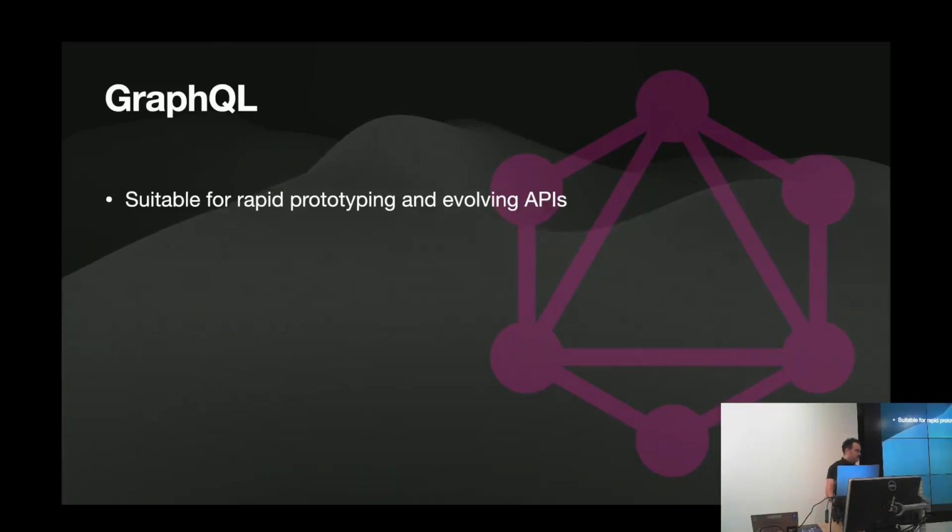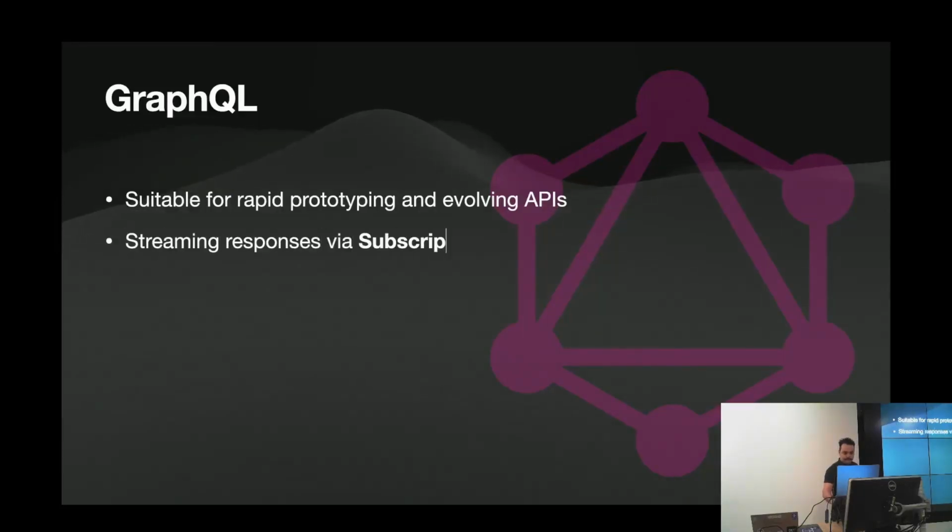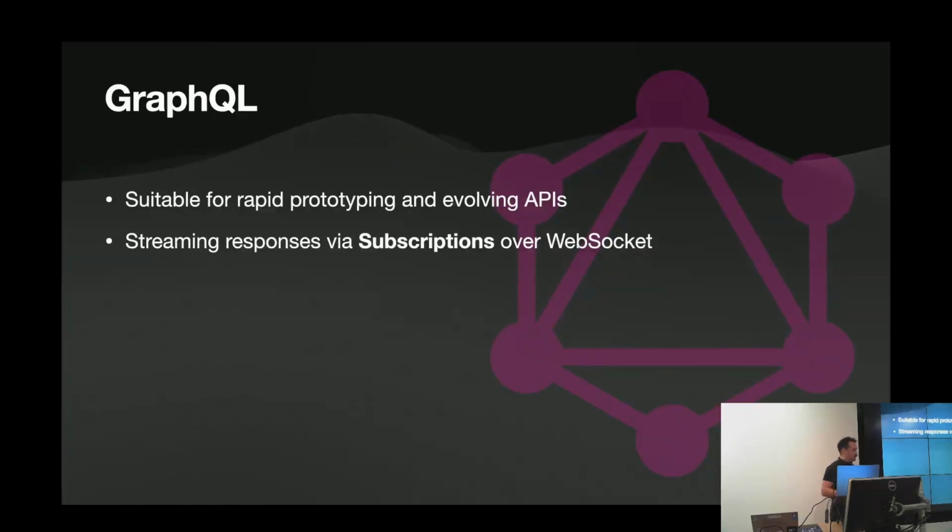And something that GraphQL does really well is you can evolve your API schema over time by adding fields. So what we can do as well with GraphQL is we can stream responses, like the ChatGPT conversation responses, over WebSockets.